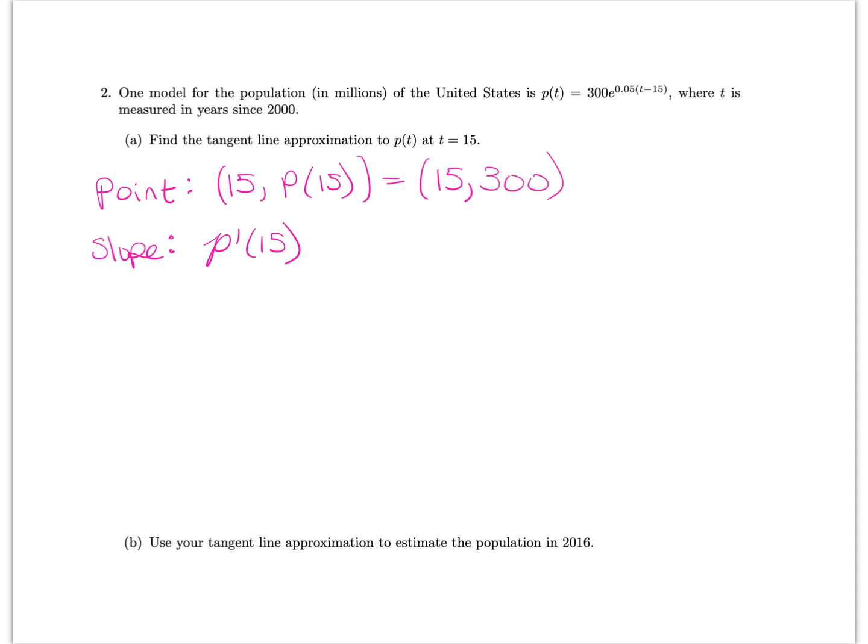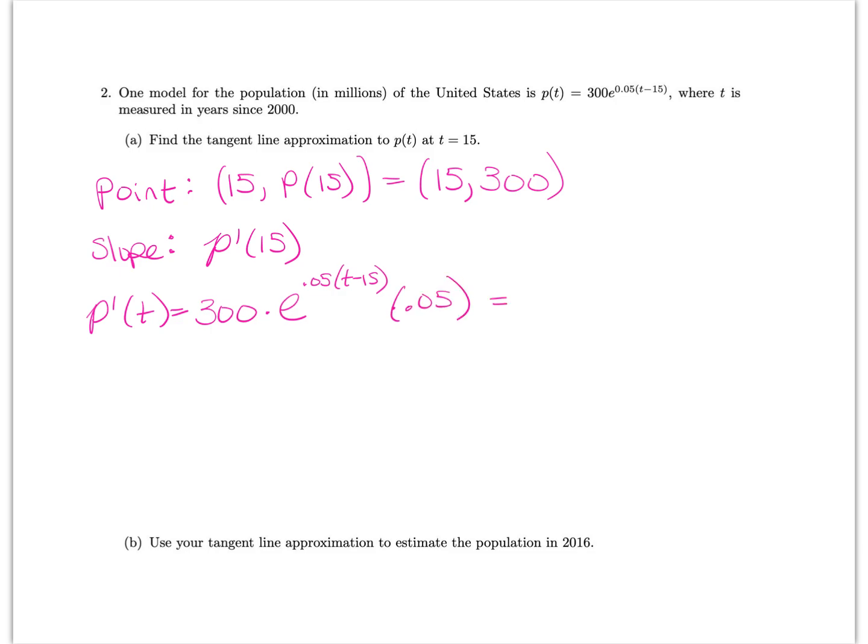And P prime of 15, I actually have to calculate P prime of t first. Let's do that. So that would be 300 times, because that's just a constant, and I'm going to work on the derivative of e to the stuff. That would be e to the stuff times the derivative of the stuff, which would be 0.05.